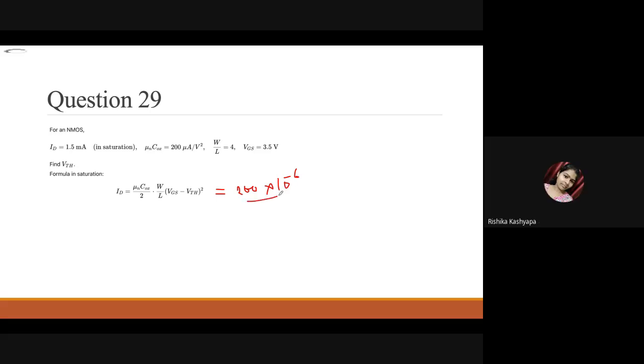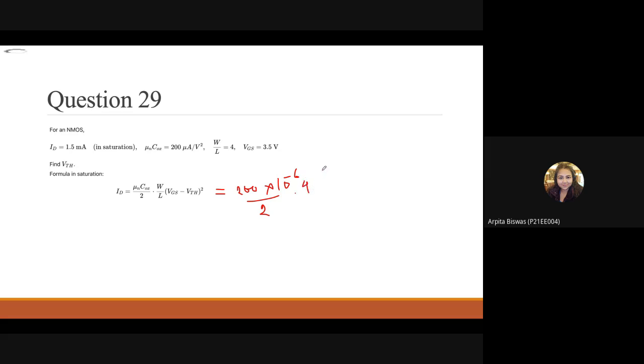Ma'am, the answer is 3.5. You have to minus the value of VGS, I think. So 3.5 minus 1.93. So the value of VTH is equal to 1.56. See, this is the value of mu and COX by 2 into W by L. W by L is equal to 4.